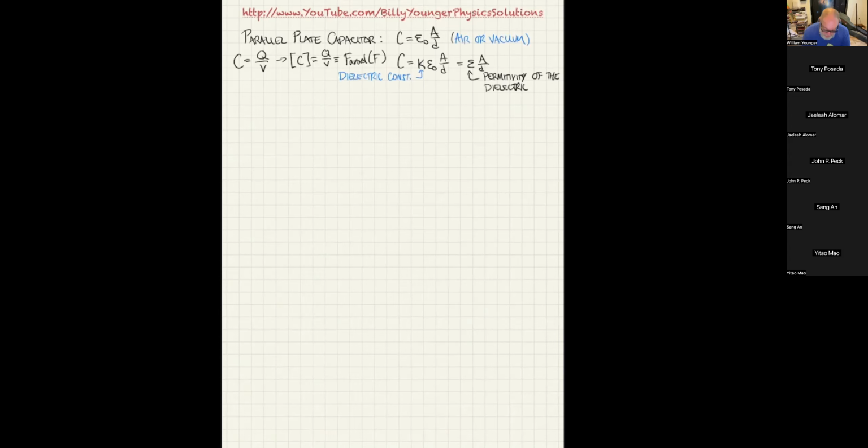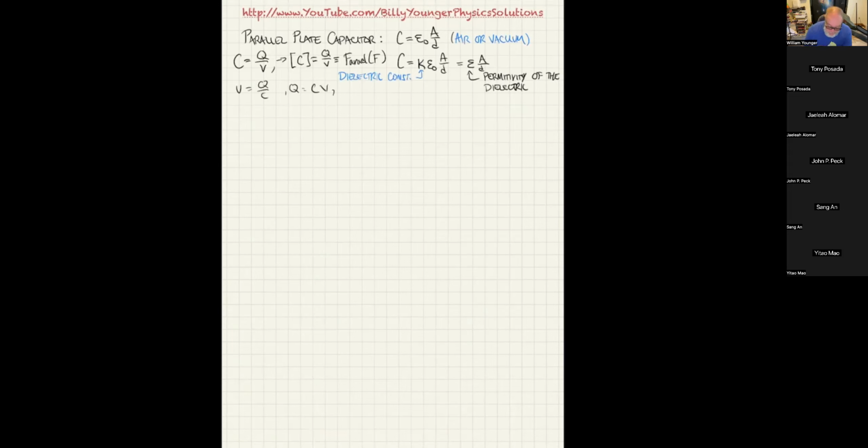But of course, you can also say C equals Q over V means V is equal to Q over C. And it also means that Q is equal to C times V. So there's the three forms of the definition of capacitance.